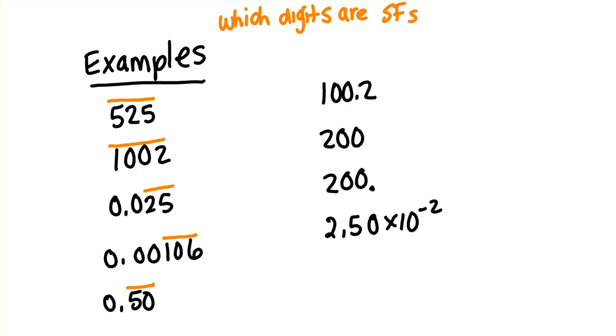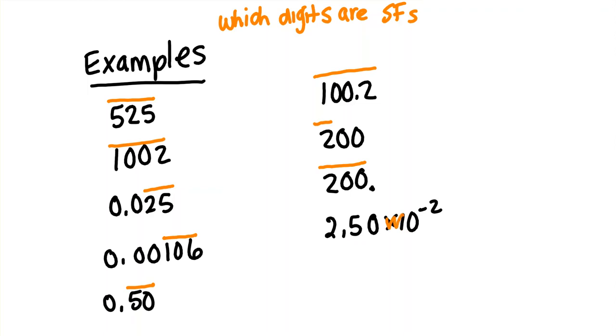Okay, and again, this is non-zero digits, and we have some sandwich zeros that count. Here's some ending zeros, but no dot is shown, so they don't count. There's only one sig fig there. Here, this one has the dot, so that makes all of these ending zeros significant. And then on this one, when they're in scientific notation, all you do is you look at the front part.